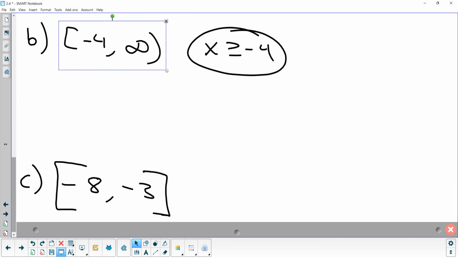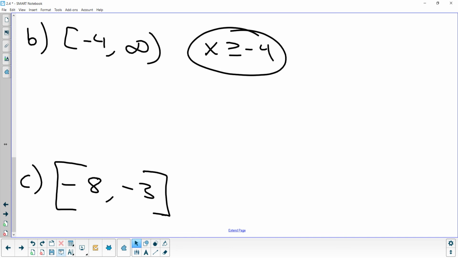All right, and let's try this one. Okay, Zach, is that bounded or unbounded? Bounded. Yep, bounded. And Tyler, is that open or closed? Closed. Fully closed, bounded interval. Yep.